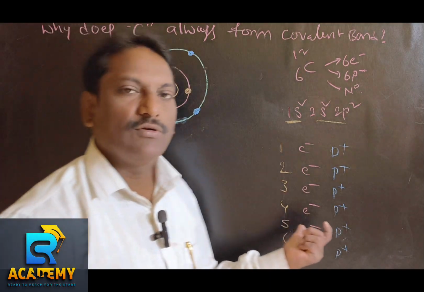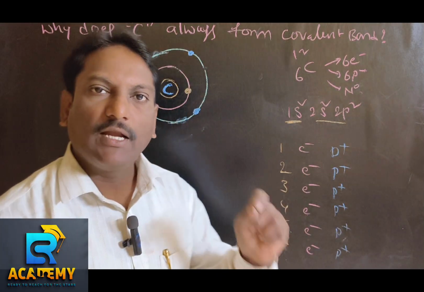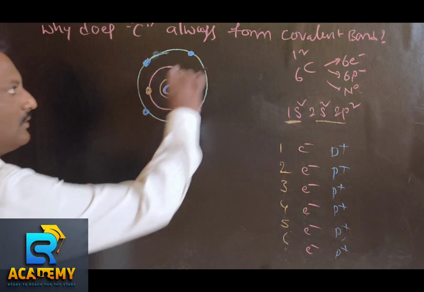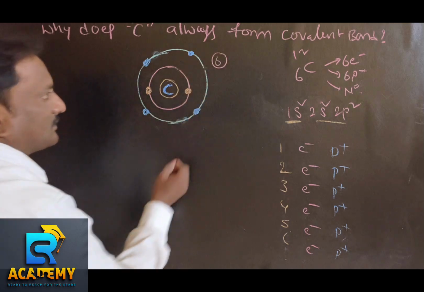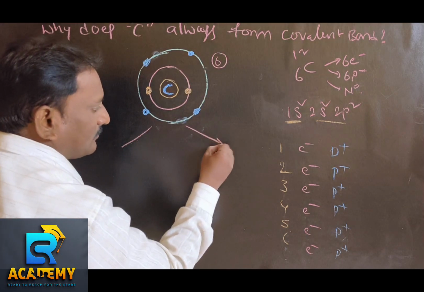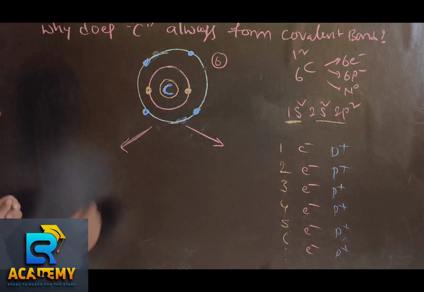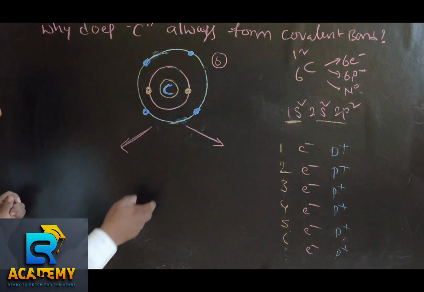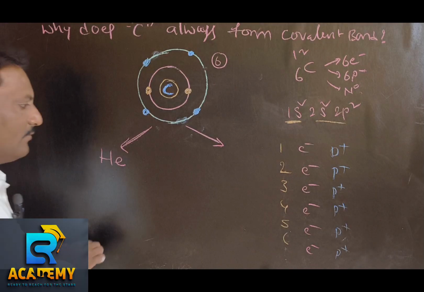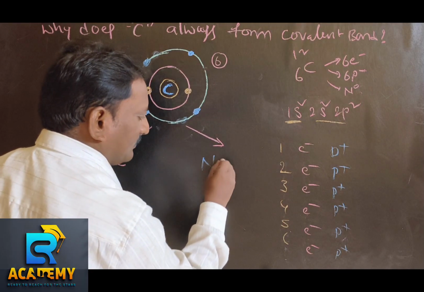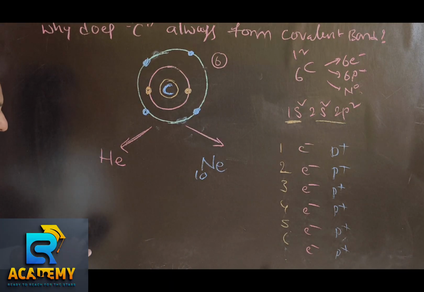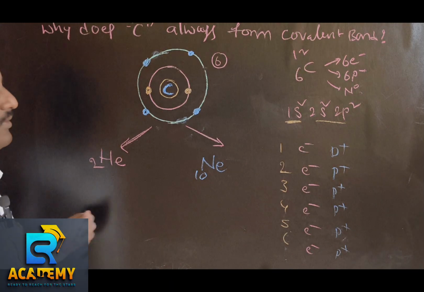The number of electrons is equal to the number of protons, so the atom is electrically neutral. Carbon has atomic number 6. It has two options: either attainment of helium or attainment of neon configuration. Neon has atomic number 10, whereas helium has atomic number 2.